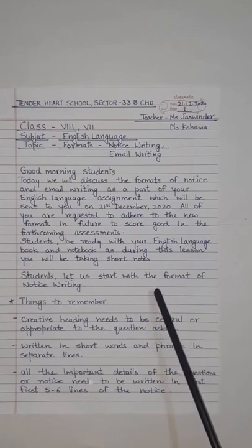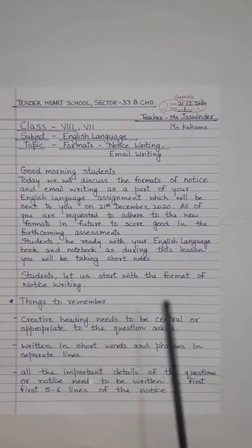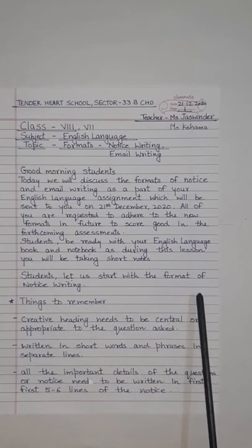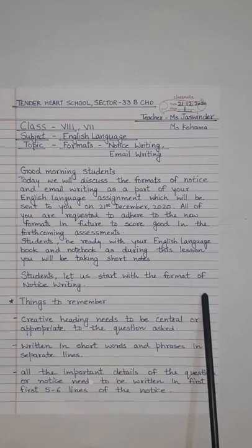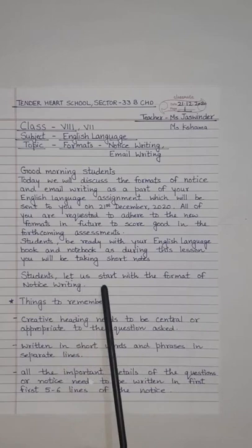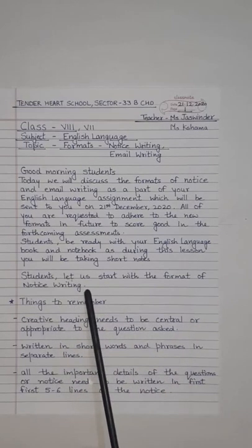All of you know that before writing a notice and email, you have to follow a proper format to score good. Students, let us start with the format of notice writing.